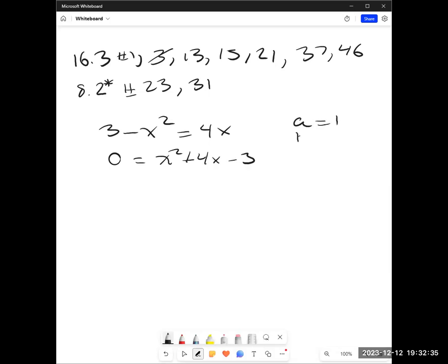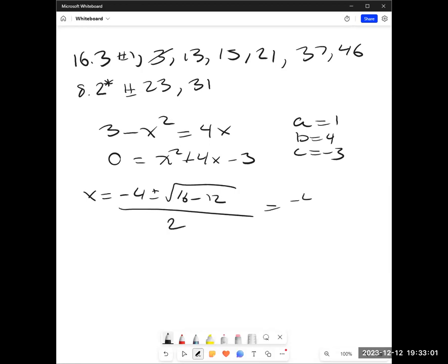A is 1, B is 4, C is a negative 3. x is going to be negative 4 plus or minus the square root. 4 squared is 16 minus 4 times 1 times 3 is 12. Over 2 times 1 is 2.